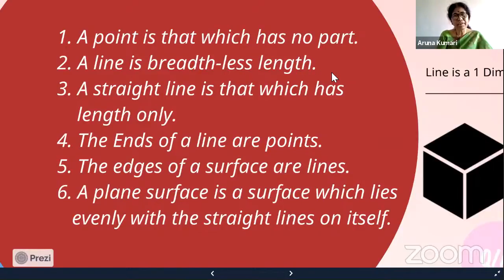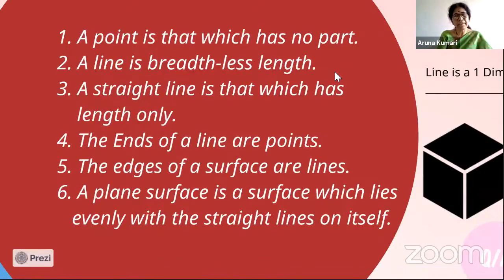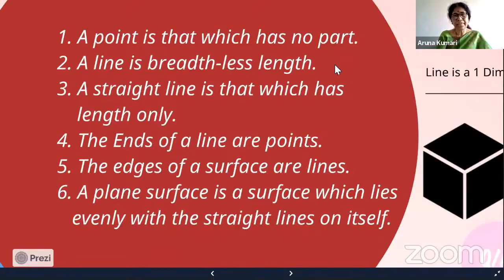If you take a long note, the length of the line will be more. If you take a short book, then the line will be some less length. That means a line has only length, but it should not have any breadth. That's why it is said a line is breadthless length. There will be no breadth.